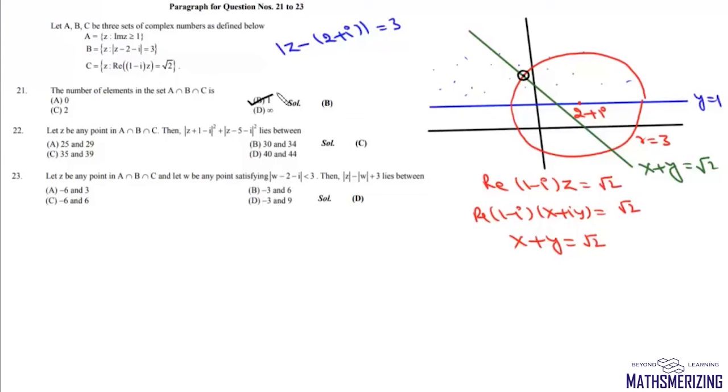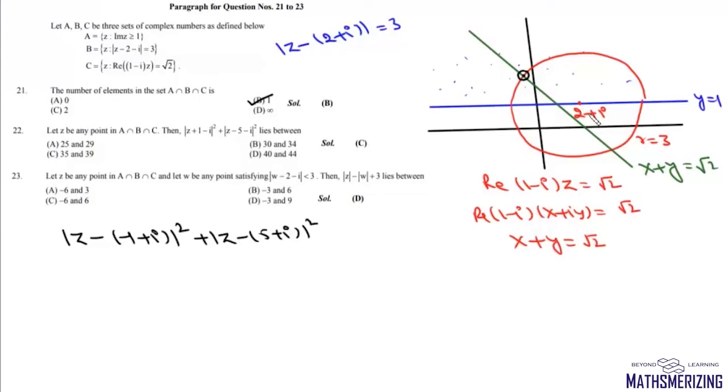Now the next one is, let Z be any point in A intersection B intersection C, then mod of Z plus 1 minus iota square plus mod of Z minus 5 minus iota square lies between. Now any modulus is distance. So it is distance between Z minus minus 1 plus iota whole square and plus this is Z minus 5 plus iota whole square.